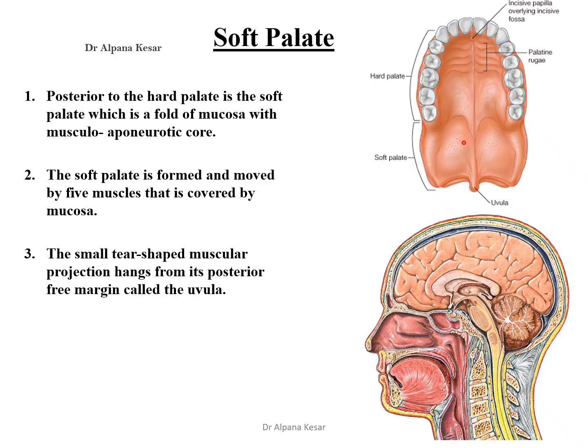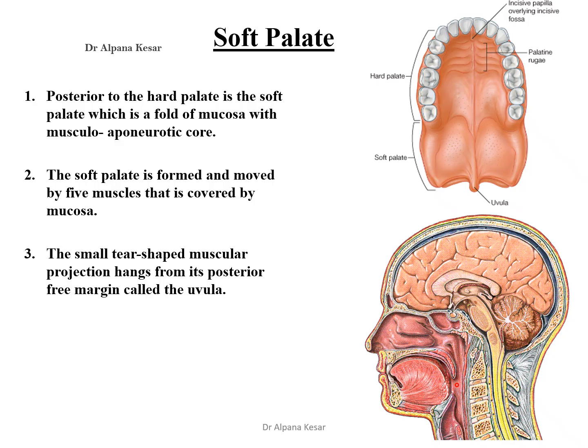Soft palate. This is soft palate. In this visual, this is soft palate. Soft palate is present posterior to the hard palate. It consists of musculoaponeurotic core which is covered by mucosa on both its surfaces.